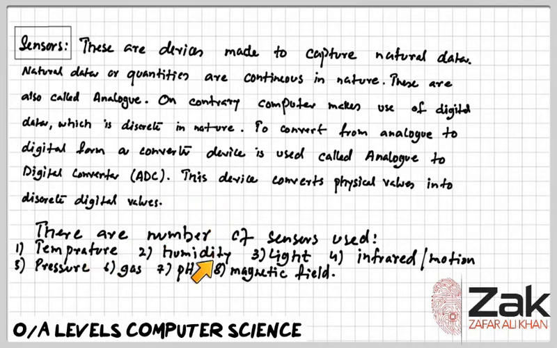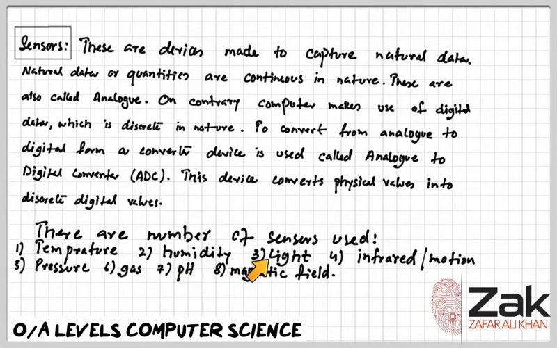Then we have the humidity or moisture sensor, which may be used to control or monitor moisture or humidity levels in soil, in air, in a greenhouse, or monitor dampness levels in an industrial application. For example, monitor moisture in paint spray booths in a car factory.